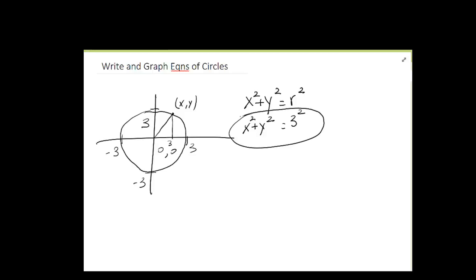Now what if the center of the circle is not (0, 0)? So this was the center of the circle here, (0, 0). But what if it isn't?